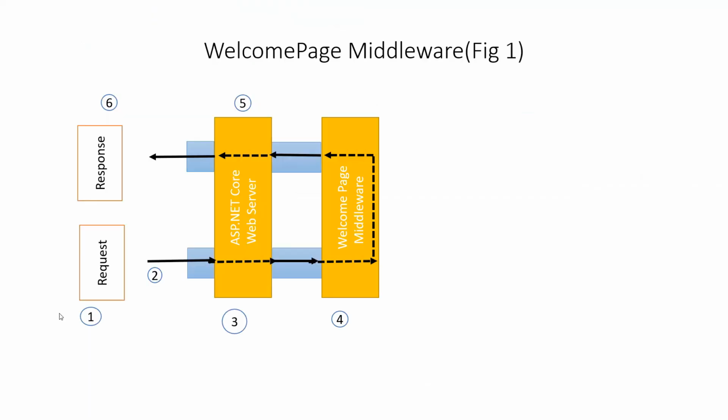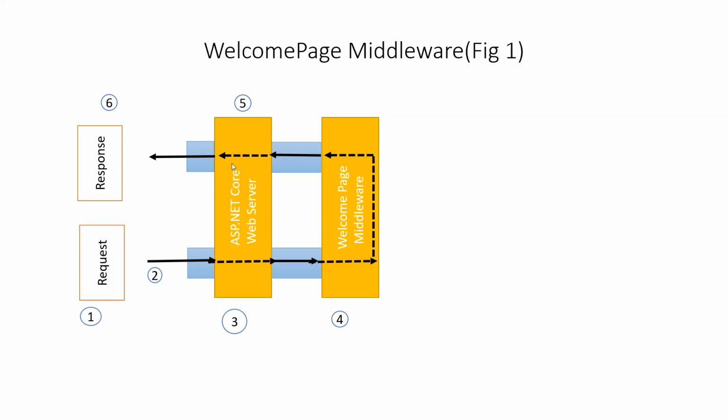Now at step one, the HTTP request comes and is received by the ASP.NET Core server. At step three, the ASP.NET Core server receives the request, builds an HttpContext object and passes it to the middleware pipeline. This request is handled by the welcome page middleware, which generates an HTML response and returns it back to the pipeline.